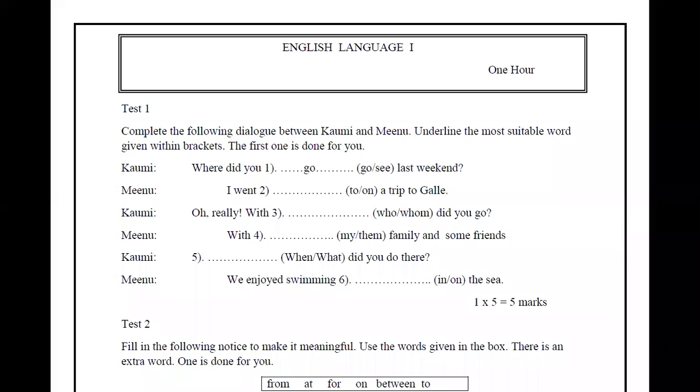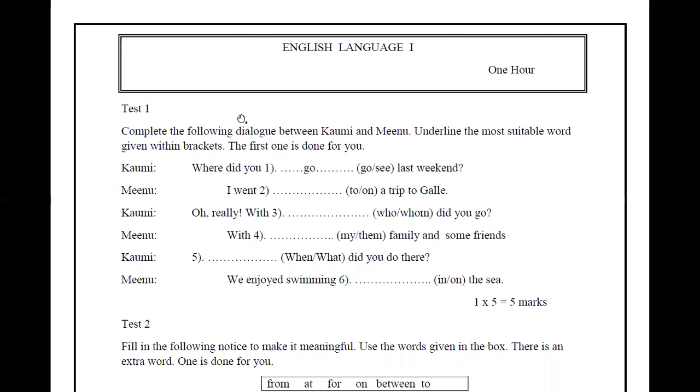So here we are using the word whom, and now Meenu is replying, with my family and some friends. So obviously, she's saying, I went with my family. And now again, Kaumi is saying, blank did you do there?